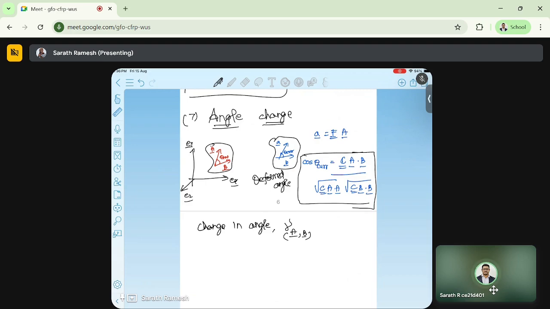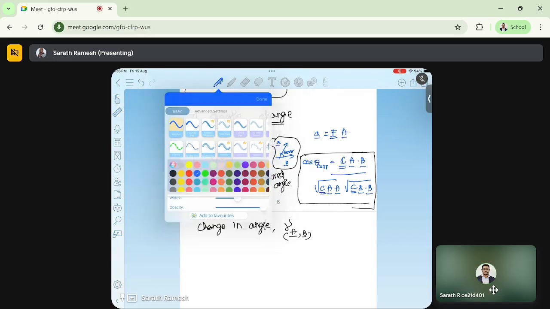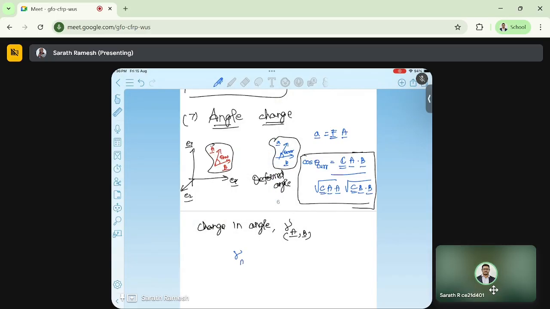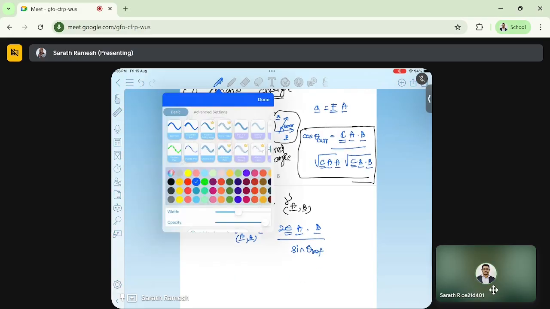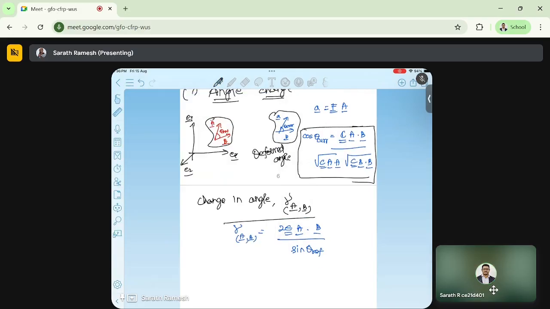If I want to find the change in angle between those two line elements, this is given directly by gamma A comma B equal to 2 epsilon A dotted with B divided by sine theta ref. Theta ref is the reference configuration angle.